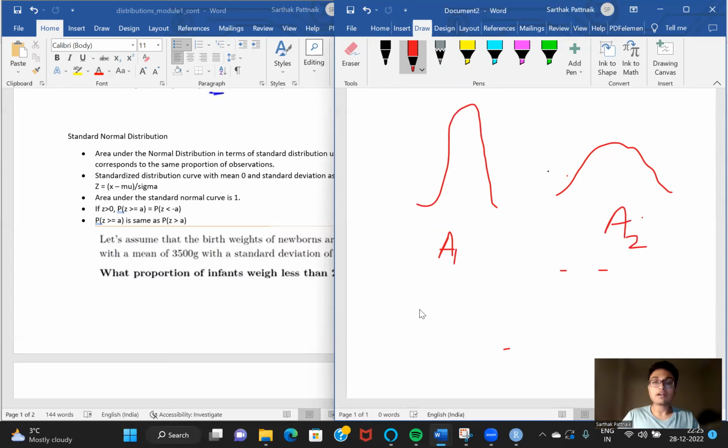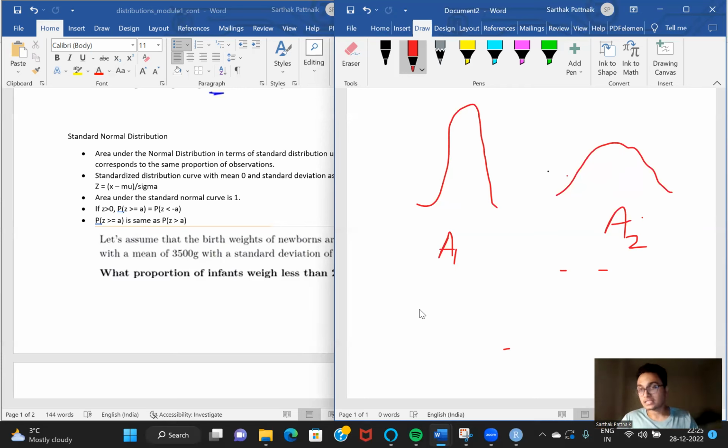Okay, A1 has, let us say, a mean of mu1 and standard deviation sigma 1. A2 has a mean of mu2 and standard deviation sigma 2. Both of them have different means and different standard deviations.